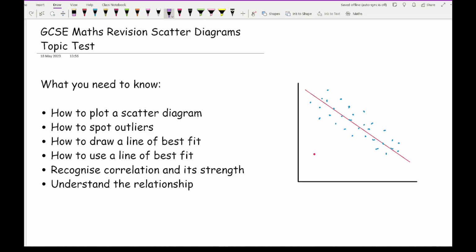Correlation is either negative, positive, or no correlation, and weak or strong, whereas the relationship is basically, if there is positive correlation, it means as x, or whatever is on the x-axis, increases, so does y. And if there's negative correlation, then the relationship is that as x increases, y decreases.